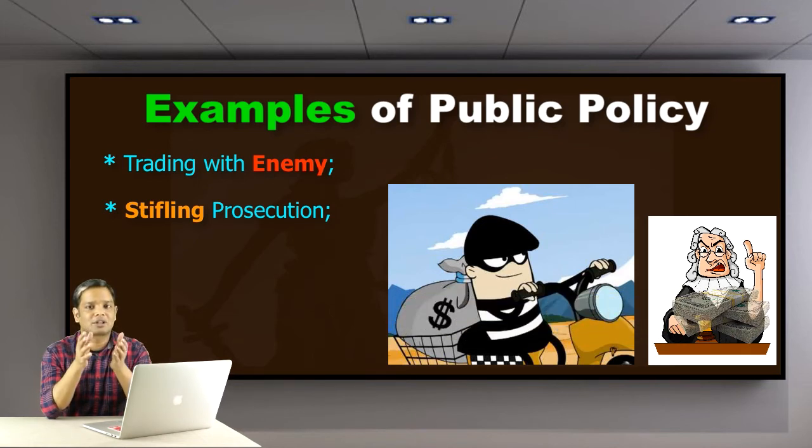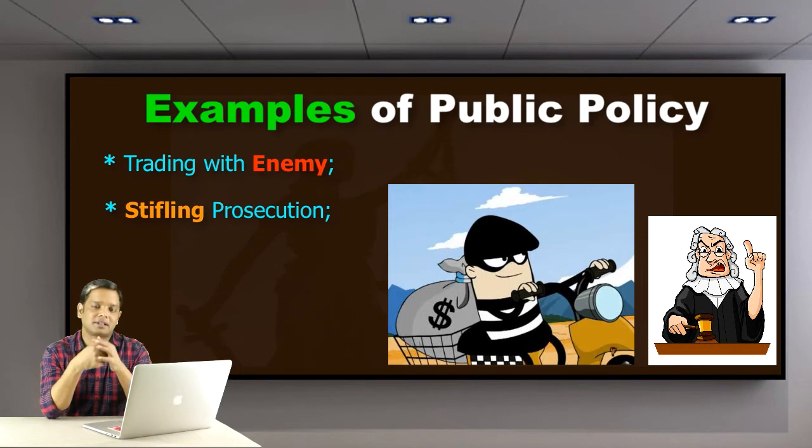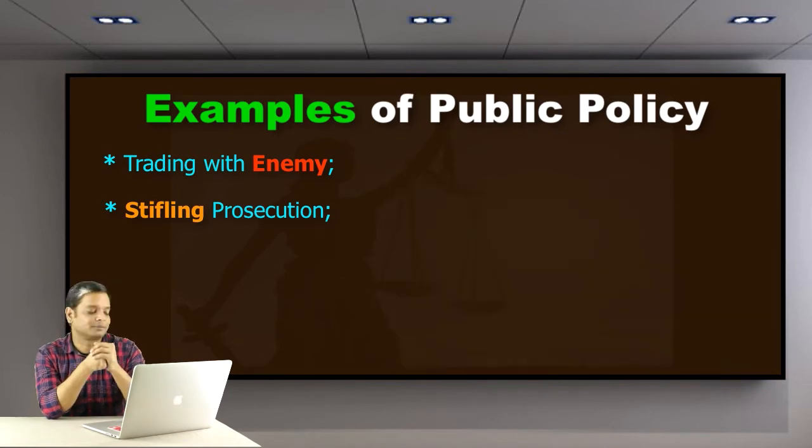If someone committed a crime, he is liable for it and will be punished as per the law. So he cannot make such a contract with any person, even a judge. If even a judge is involved in this, the judge is doing an illegal kind of work, because it is not allowed. That is the meaning of stifling prosecution.